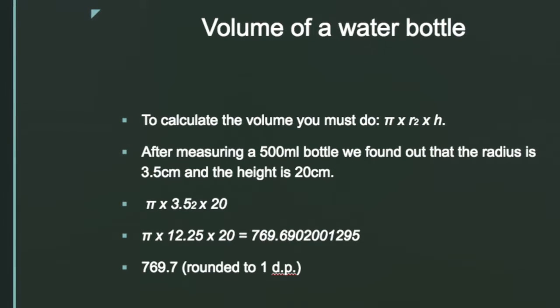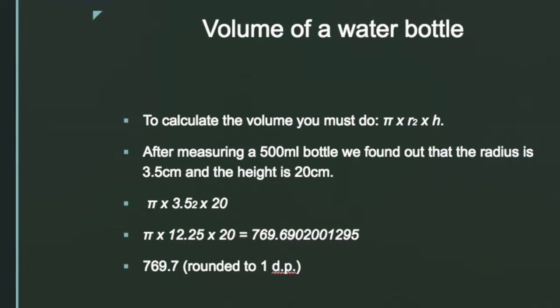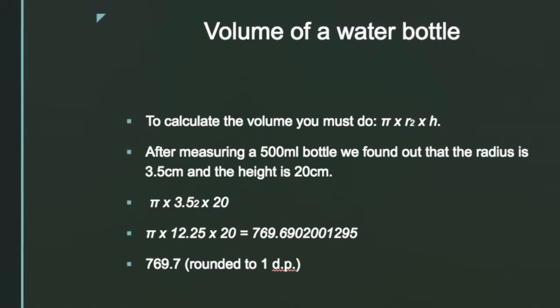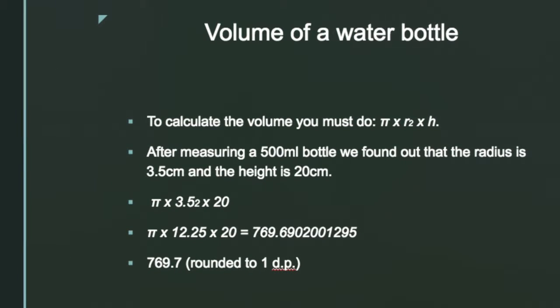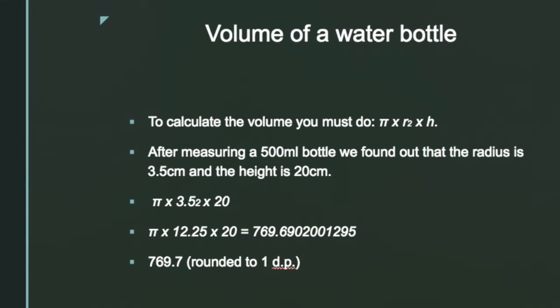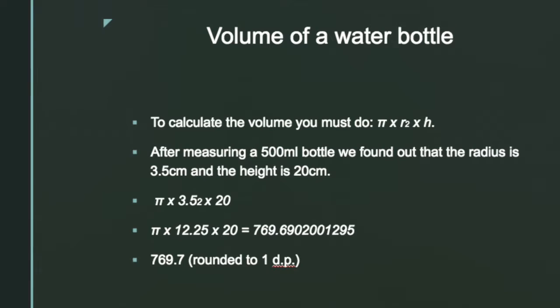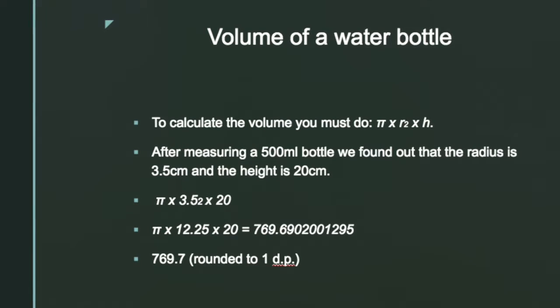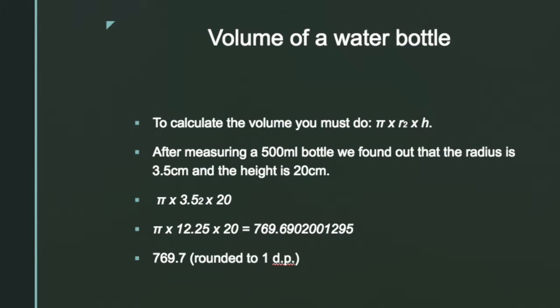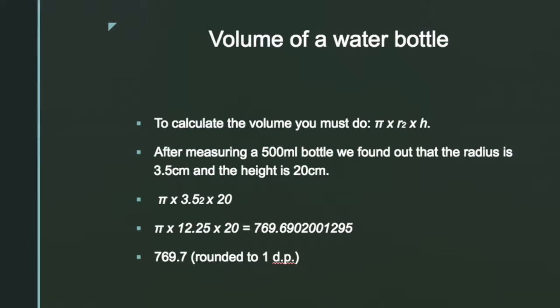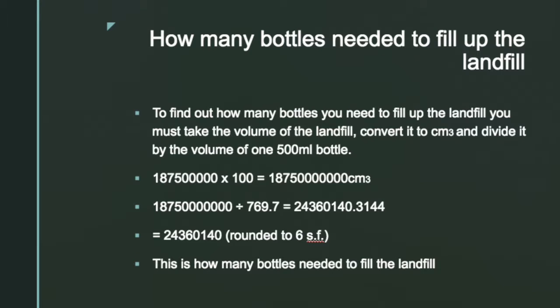Therefore, the formula would be pi times 3.5 squared times 20, which also means that it's pi times 12.25 times 20, which would give us 769.690200 and so on. After that, I rounded my answer to 1 decimal place, which would give us 769.7. This will give us the volume of the water bottle and is in centimeters cubed.